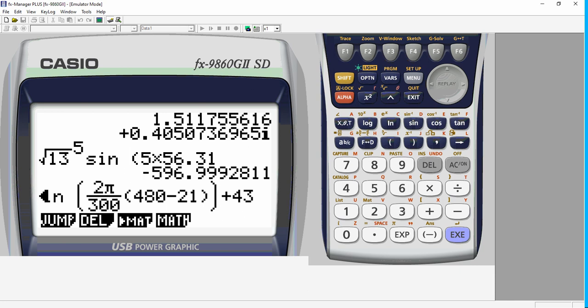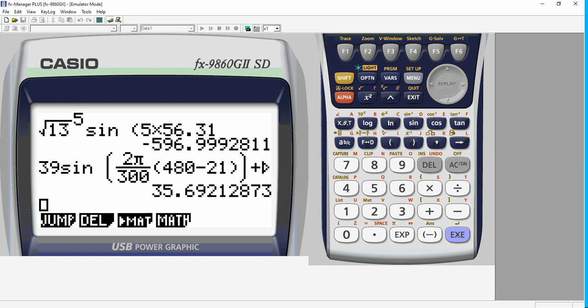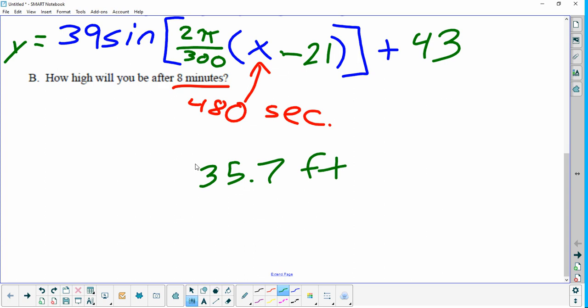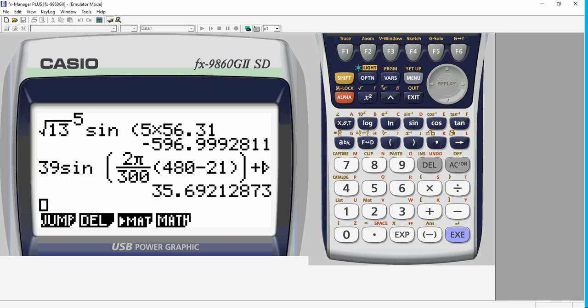And if you type it in exactly as we wrote it, we're solid. We're in radians. We're going to be at 35.7 feet.